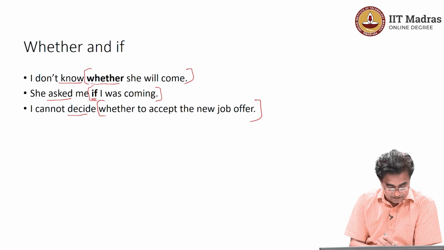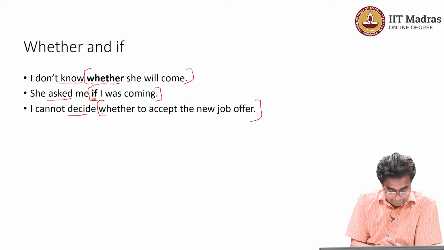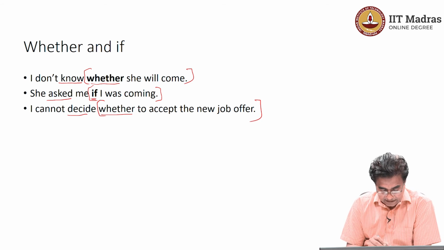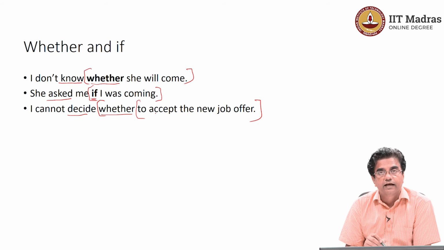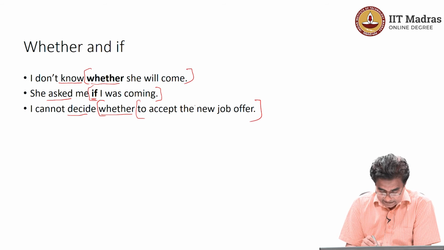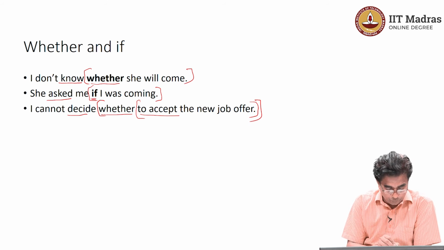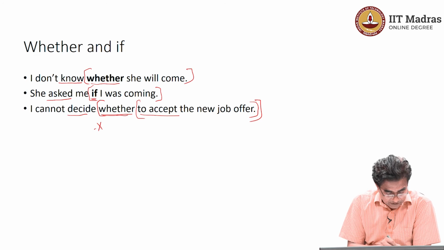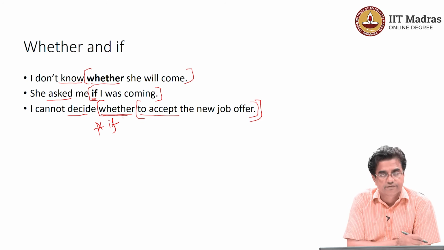Look at this clause. This is again a clause with the whether complementizer, but here this clause is only an infinitival clause. So, in this case, where you have an infinitive, we only use whether. In such situations, we cannot use if.